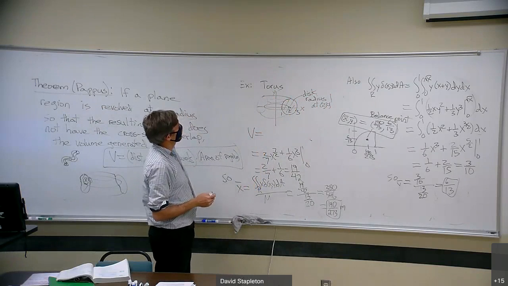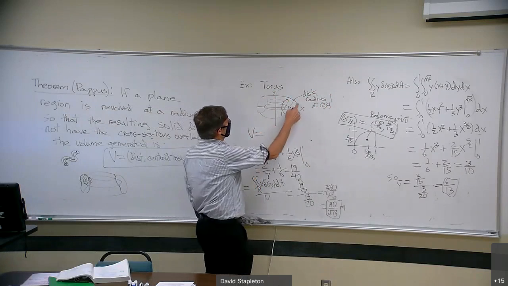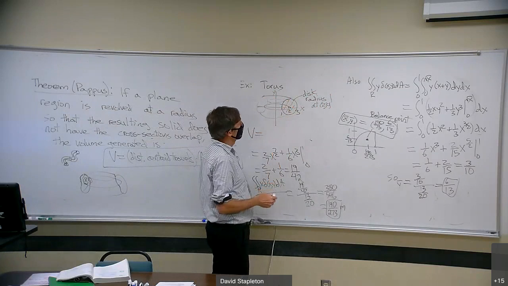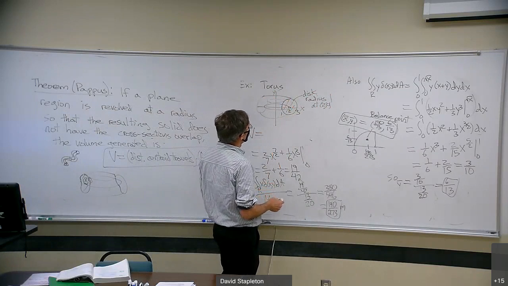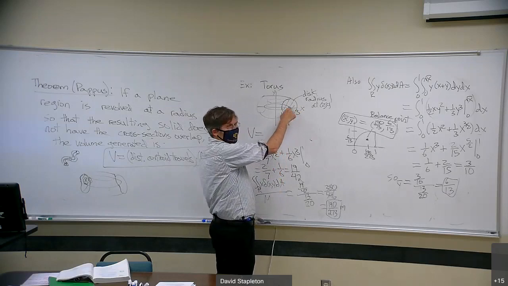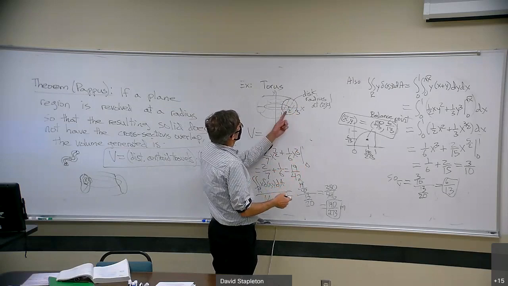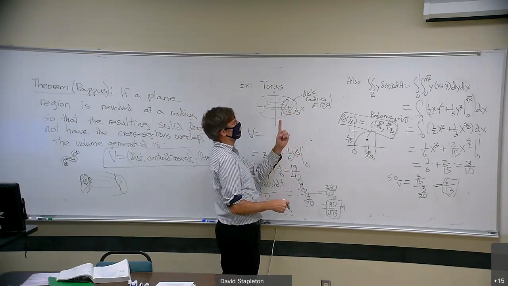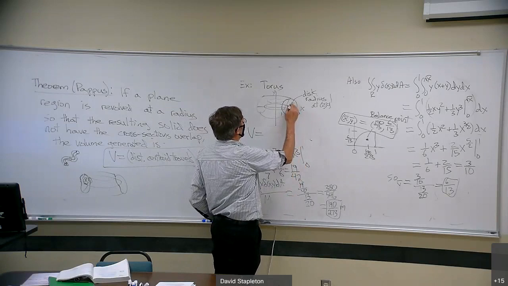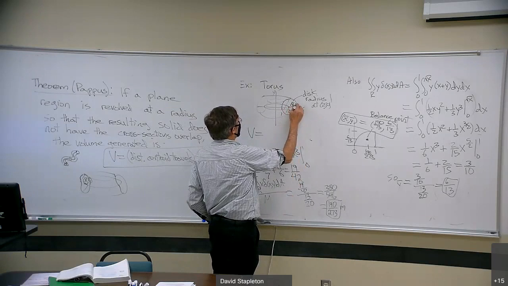Well, there's a real neat computation you can make for this region that's a circle. What's the centroid? The centroid is just right at its center, because it's really the center of area. You're asking, what's the balancing point of the disk? Well, the balance is right in the middle. So that's the centroid, X bar, Y bar. What you want to know is how far does the center travel?